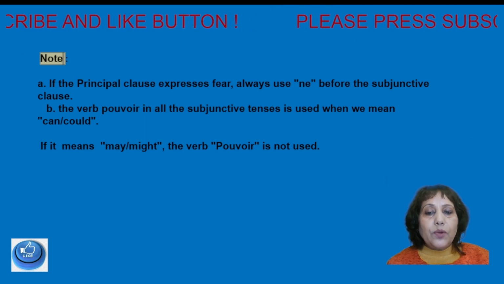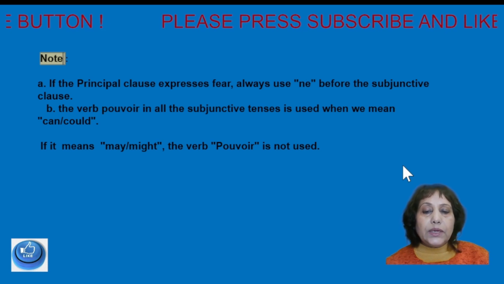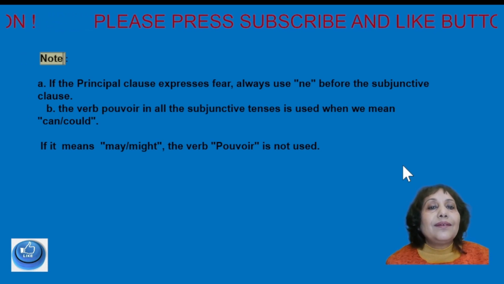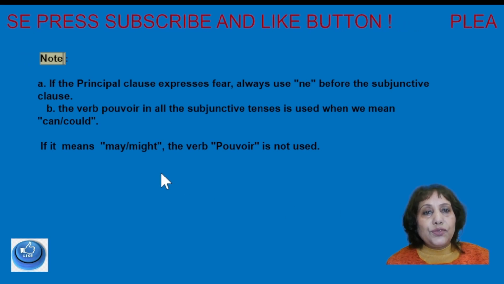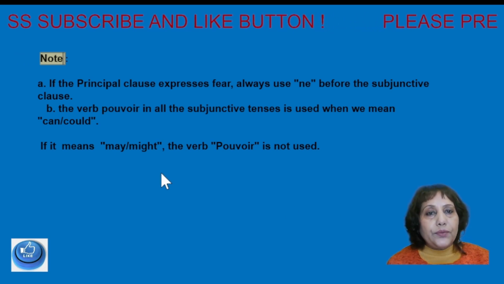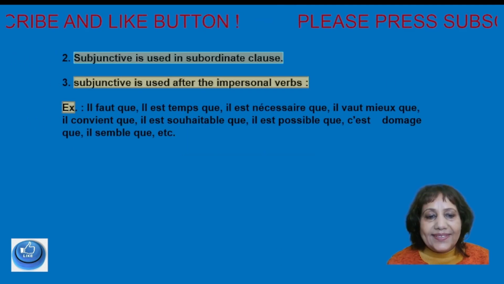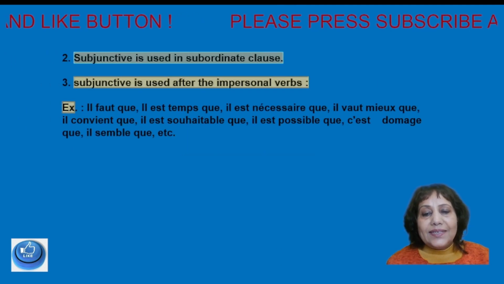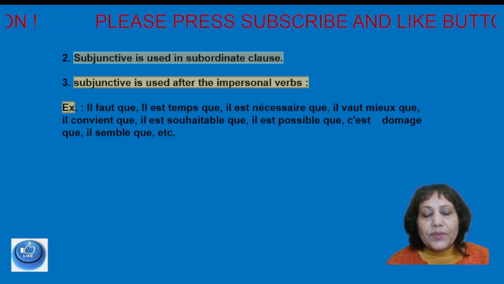This is very important. I think I had mentioned it earlier when I started, but again I am alerting you people. This is the important point which you should keep in mind when you are doing subjunctive mode. Okay? Well friends, so these are the important factors which you should know.